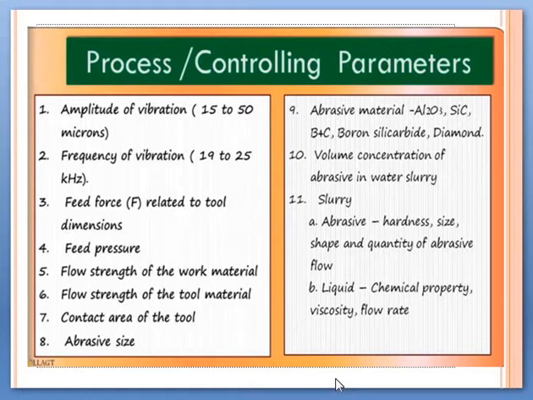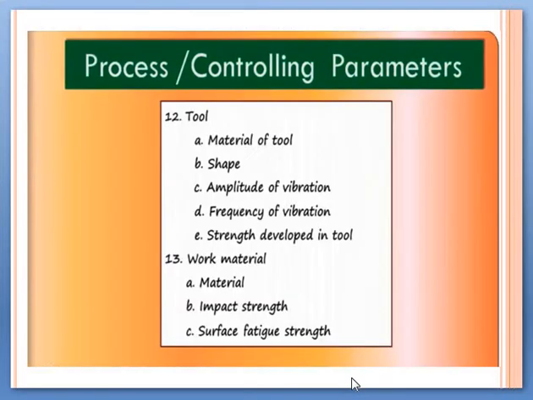And how is the liquid to be chosen? By considering its chemical property, its viscosity, its flow rate. Slurry is a combination of abrasive and liquid, but while forming the slurry, the selection of abrasive and liquid is very important.